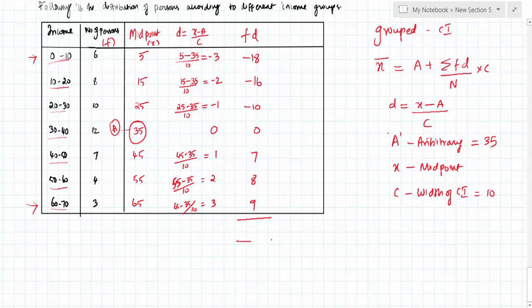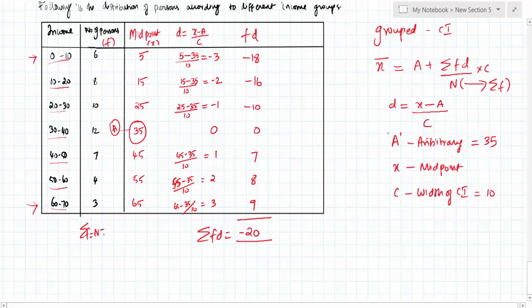If I total this, I get the summation of FD, and that is minus 20. Then I need N. N is nothing but the summation of frequency, that is, summation of F. So summation of F is equal to N, which is equal to 50. That is, if I total all this, I get 50.